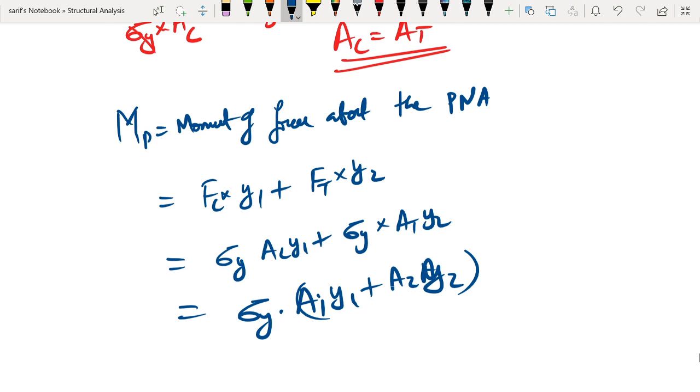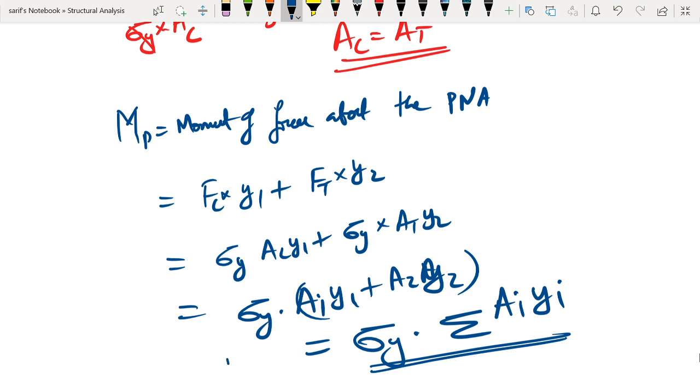So instead of Ac I'm replacing it by a1, and instead of At I'm replacing it by a2. So as a general format, we can write this equation as sigma y into sigma ai yi. Okay, in this format we can write the equation for Mp.